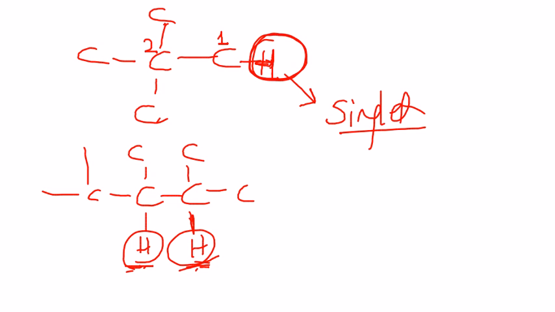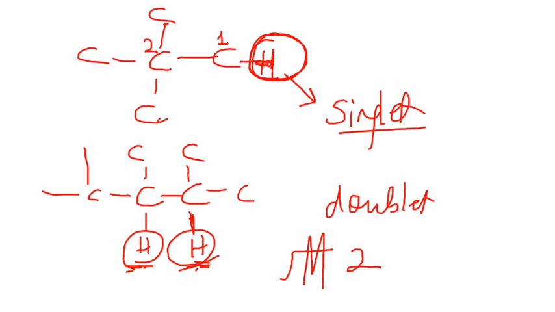If their environments are exactly the same, then that doublet is going to overlap, so it will amount to two hydrogens. That's a different story. But realize that they do split each other because each of them is a tiny magnet and is going to view the other as another tiny magnet, so it's going to try and interact with it.